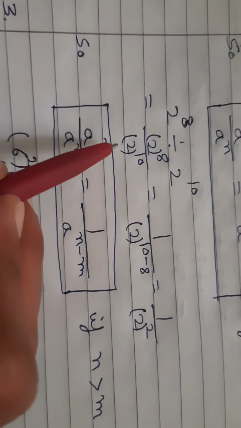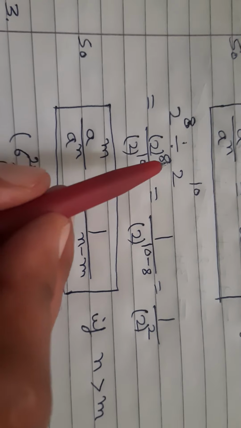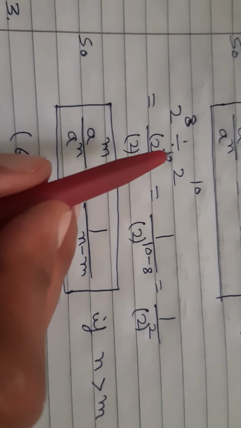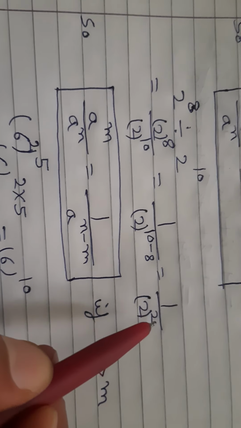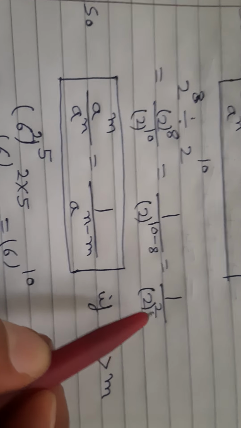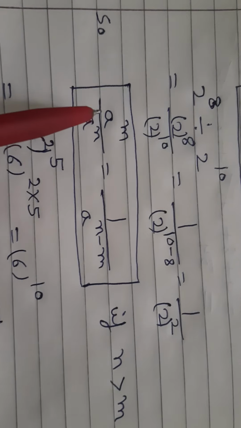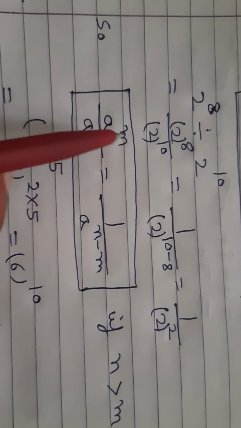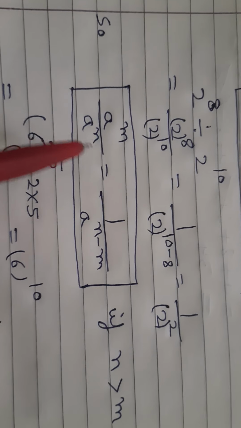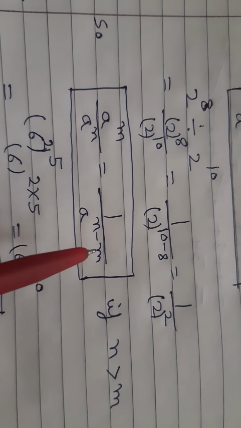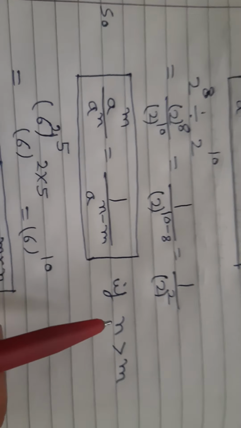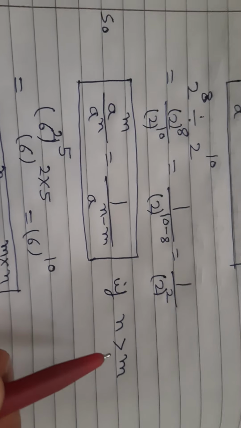Since the bases were the same, we can subtract the powers because there is a division sign in between. So we got 1 divided by 2 raised to the power 2. It means a raised to the power m divided by a raised to the power n is equal to 1 divided by a raised to the power n minus m, if n is greater than m.